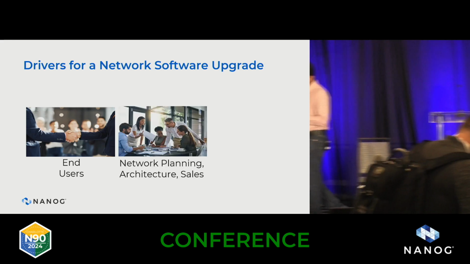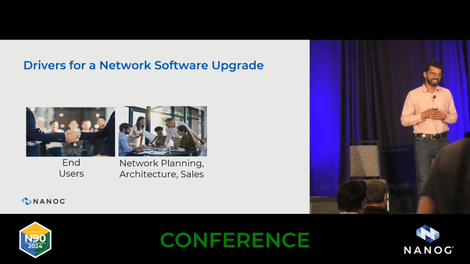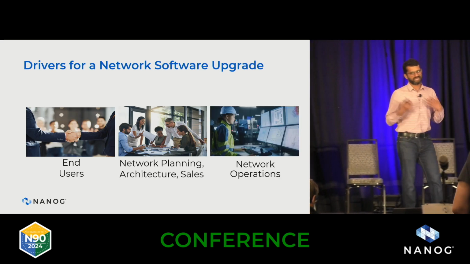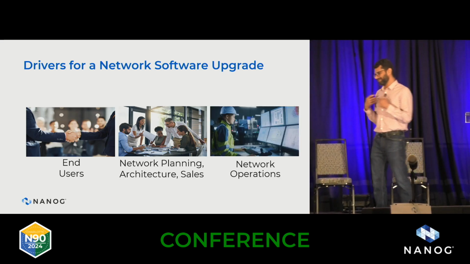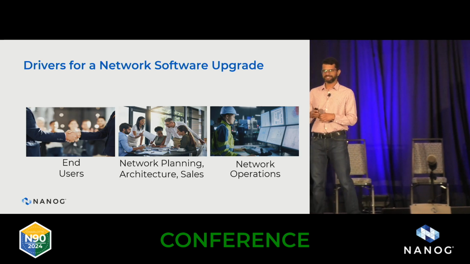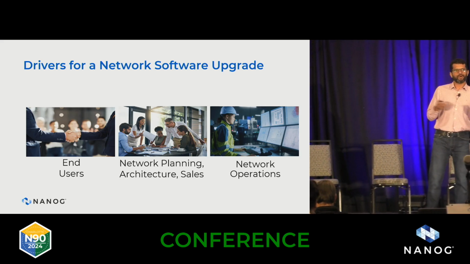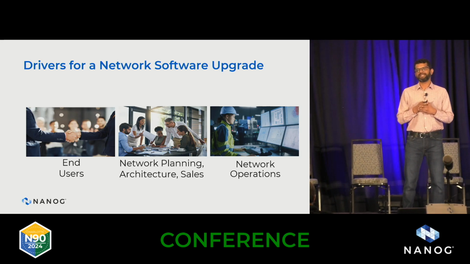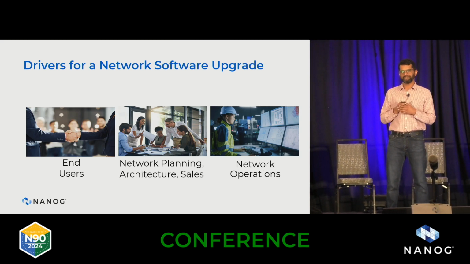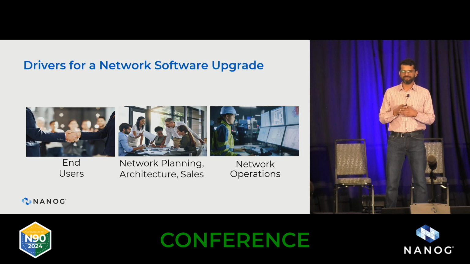And then the network operations team, which is my favorite team in an organization, they run the real network. Anybody from operations here? Great. The network operations team might need an upgrade, most likely due to the current release going end of life, end of support.